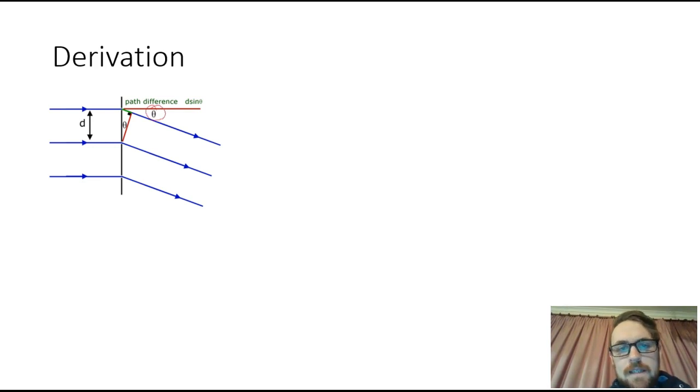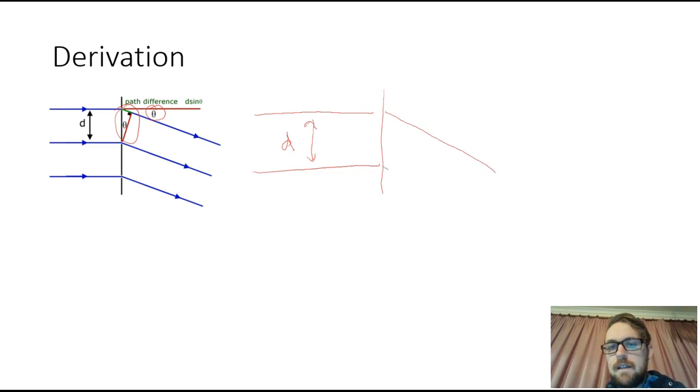The angle that they bend is theta. And what we can do is create a little triangle here. What that triangle is, we've got our original d separation. That's our distance. Then our light goes through the transmission grating and it bends. If you just kept going with that path, the amount it bends, we label that theta.